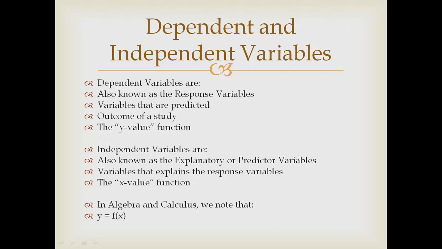You eat more burgers, you gain more weight. You eat fewer burgers, you still gain weight, but not as much. But you see that the cheeseburgers are the independent variable because they are alone. They didn't ask for your trouble. You just went to McDonald's and you bought it. So your weight depends on it. The more you eat, the more weight you gain. So that is the way you see dependent and independent variables, the y and the x. Y is the dependent, x is independent.